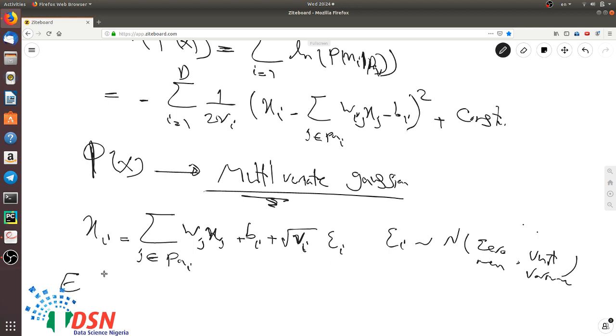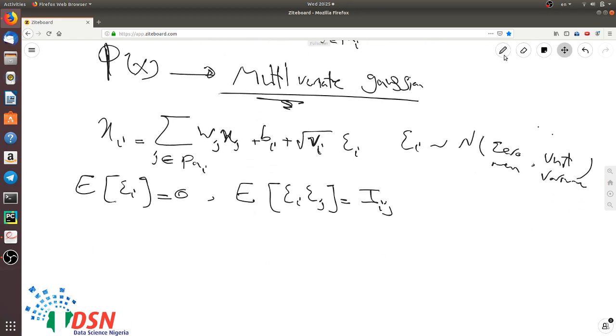We know that the expected value of epsilon i is 0 because it comes from a zero mean distribution, and the expected value of epsilon i epsilon j is I, the identity matrix, so the epsilons are independent, or more accurately, uncorrelated.